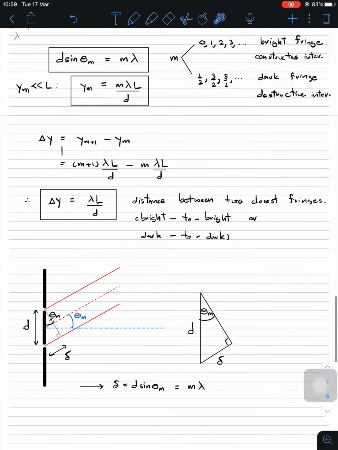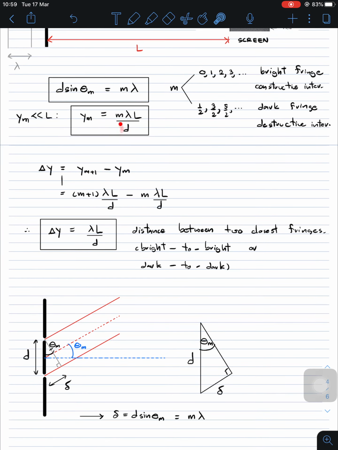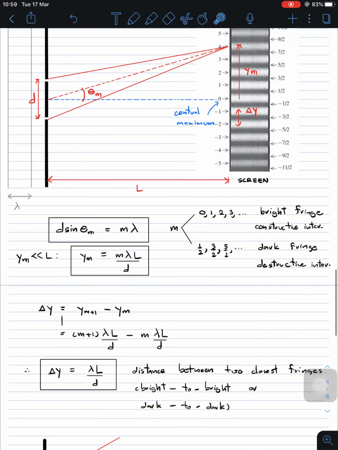So next, if I want to derive this equation, we need to use some approximation.